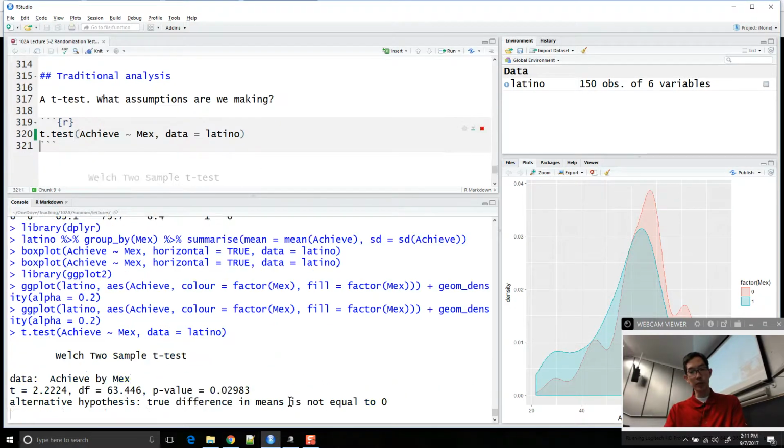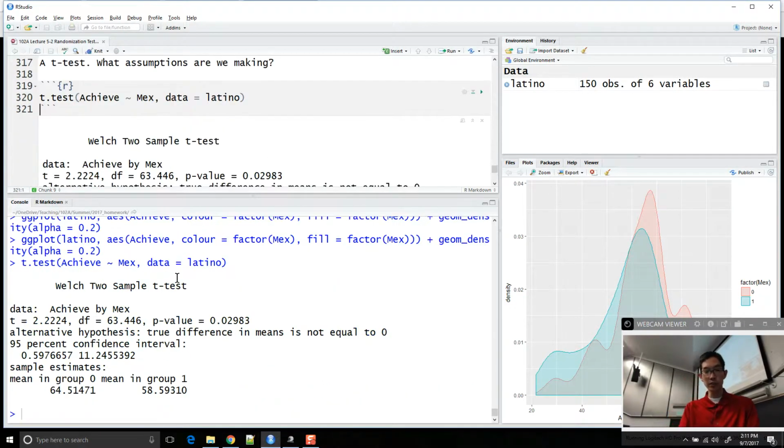This gives us the Welch two-sample t-test. It gives a test statistic of 2.2, degrees of freedom of this, and our p-value is around 3%. This is a two-sided test, we can tell because it says the alternative hypothesis is that the difference in means is not equal to 0. Our 95% confidence interval is this, which is entirely positive.